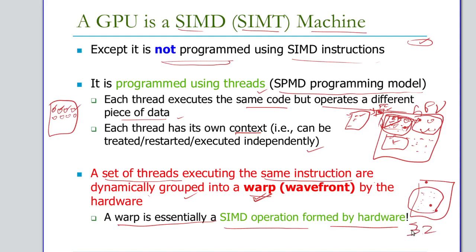Nowadays we have GPUs with the capability of 64 threads in a warp, but let us assume it is 32 threads in one warp. So for 32 threads you will have one program counter, and it will fetch one instruction, and this instruction will be executed on all the threads.